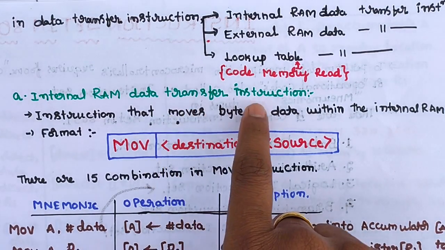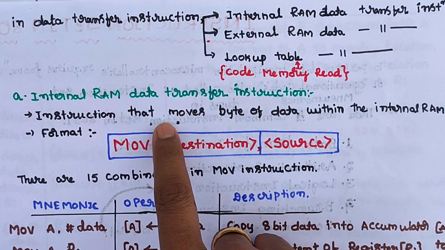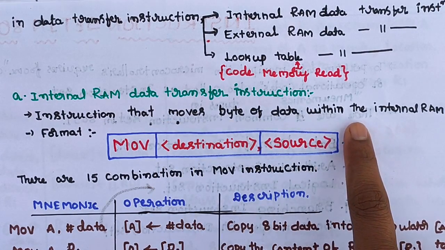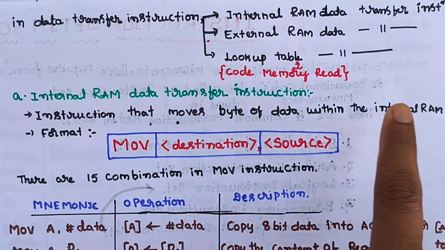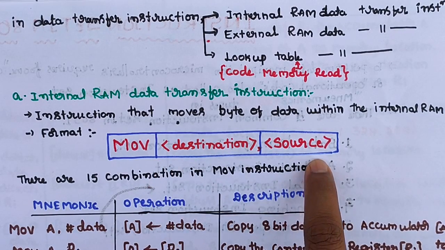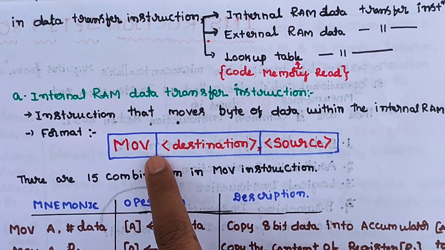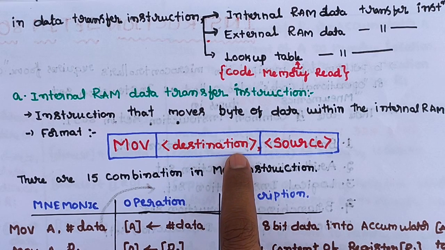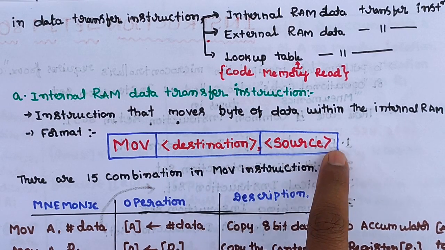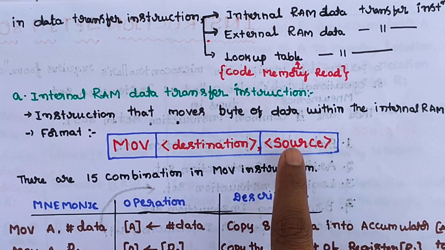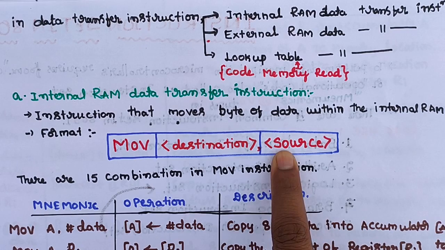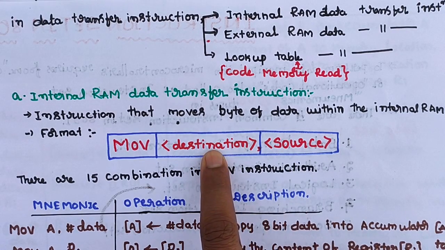The internal RAM data transfer instruction moves a byte of data within the internal RAM. This is the format of the move instruction. In the move instruction, MOV is the operational mnemonic, followed by the destination address and source address. The data content is transferred from the source address to the destination address.